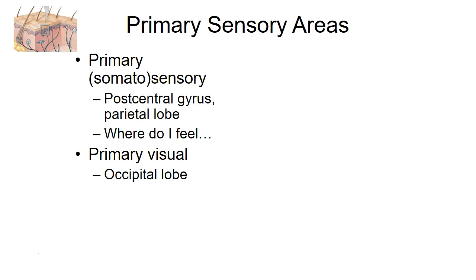Now, we also have primary areas for other specialized senses. So there's a primary visual area, okay? It's located in the occipital lobe. Usually, the primary area and the association area are in close proximity to each other, in anatomical proximity.